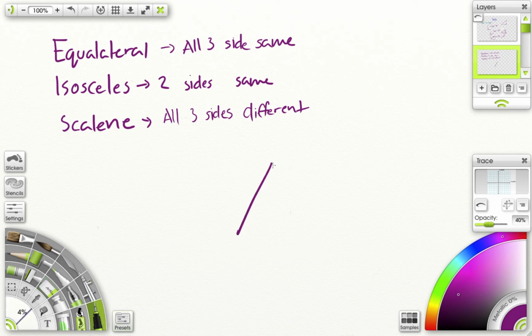Now, first of all, we have to label the angle. What kind of angles are all of these? They're all pretty small. I don't see any one that looks bigger than 90 degrees. So this is called an acute triangle.